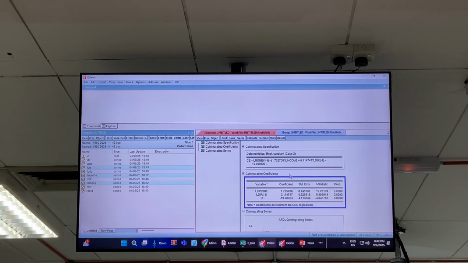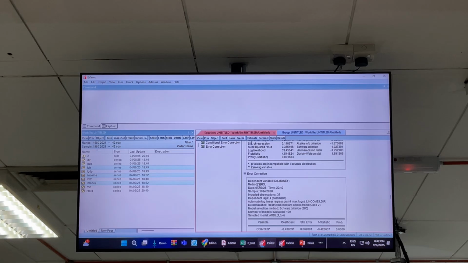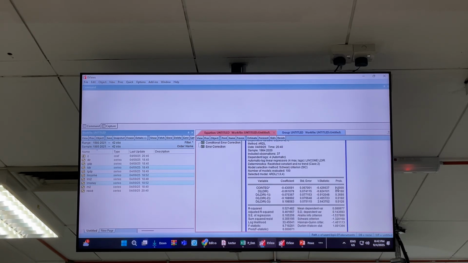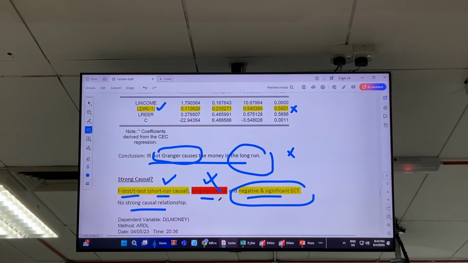Now how about my ECT? I want to see my ECT. I go to error correction result. ECT significant. Same conclusion. So no long run, but with a negative and significant ECT and the short run, but no long run. So again, no strong causality between the interest rate and money.